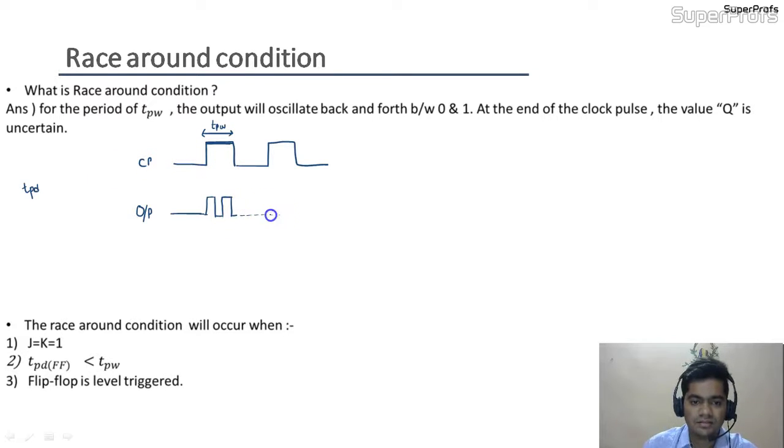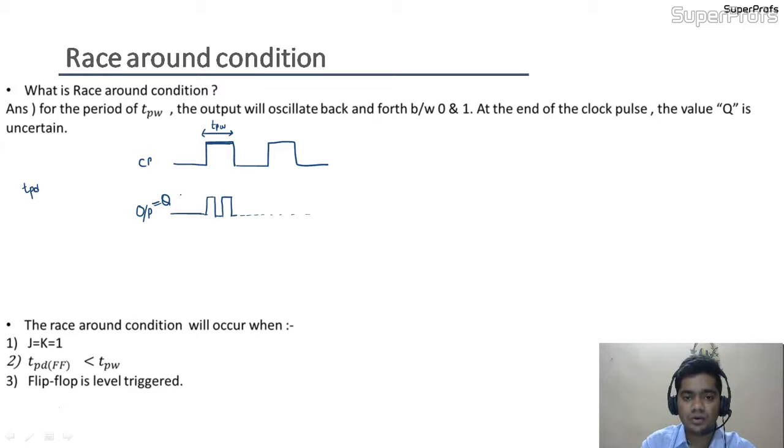So the output of the JK flip-flop is uncertain in this particular pulse width, because we are not able to understand what would be our final output, because as long as this amount of pulse width is present, the flip-flop would be in active mode.